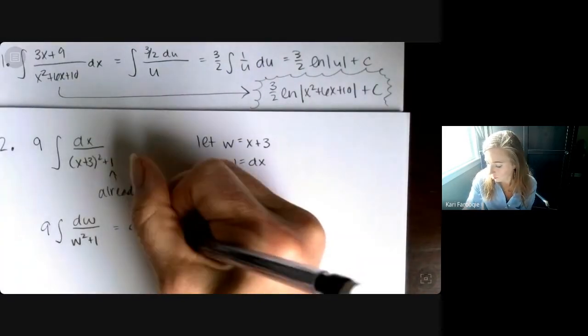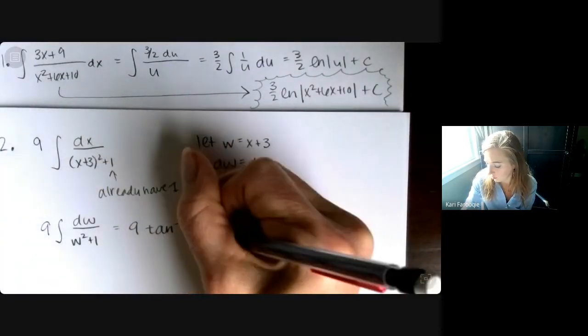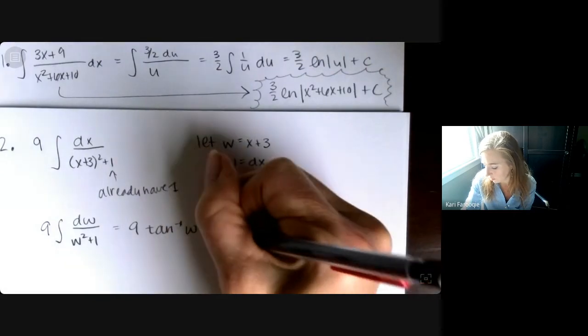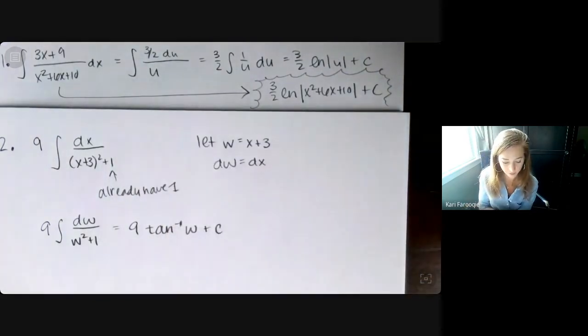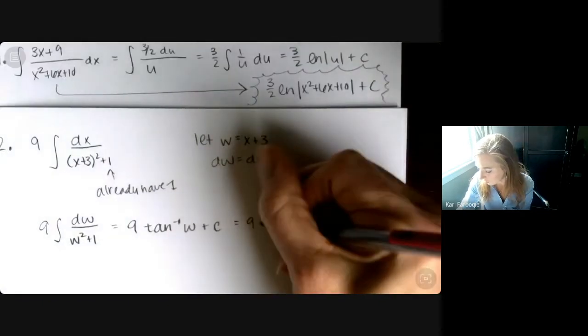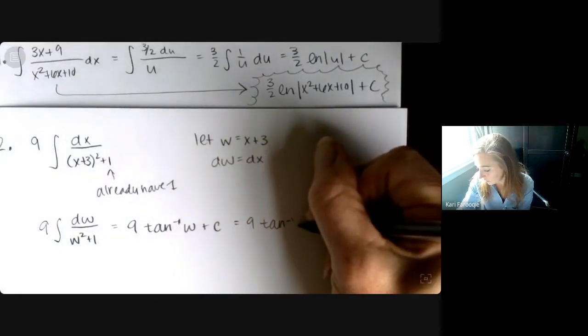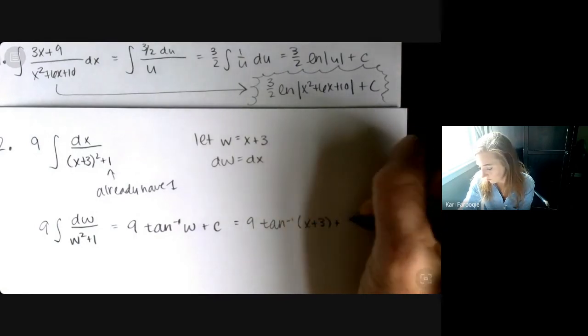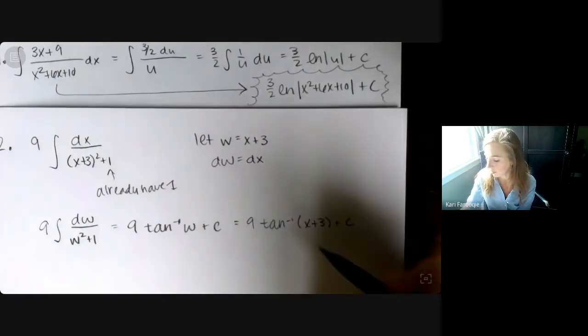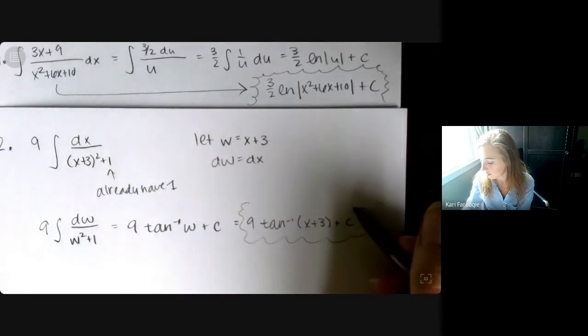So this is just 9 times the inverse tangent of w plus c, which is 9 times the inverse tangent of x plus 3 plus c. This is your second integral result.